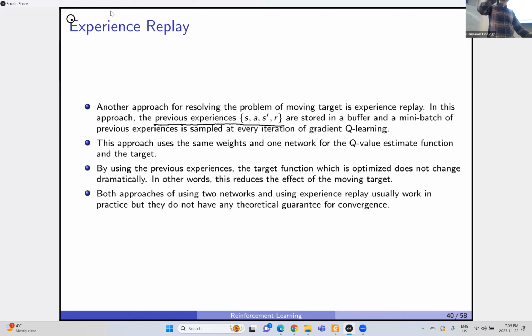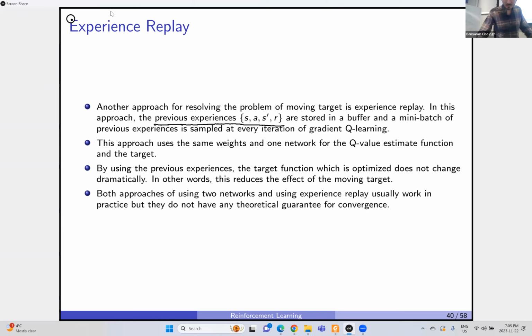Right? When you do that, what happens? You're kind of using a log of history. So you don't oscillate much. You don't change much. In other words, your target network doesn't change drastically because you are using your previous experience. I know it's a bit heuristic, but it makes sense, right? Because you're using your previous history that you used also for this target network as well.